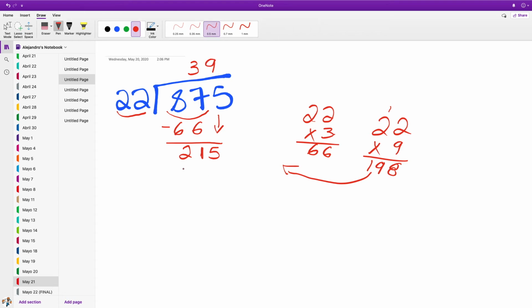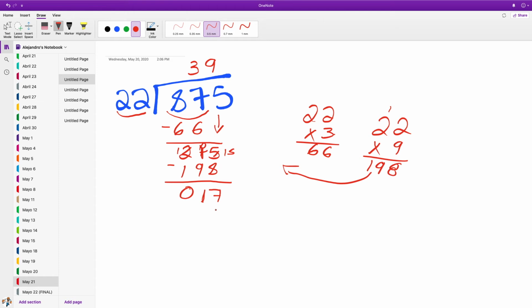What's the answer? 198. I do the subtraction. The 5 becomes a 15. The 1 becomes a 0. The 2 becomes a 1. 15 minus 8 is 7. 0 minus 9 is not possible, but it becomes a 10. 10 minus 9 is 1. 1 minus 1 is 0.